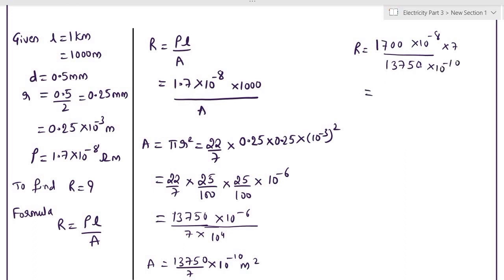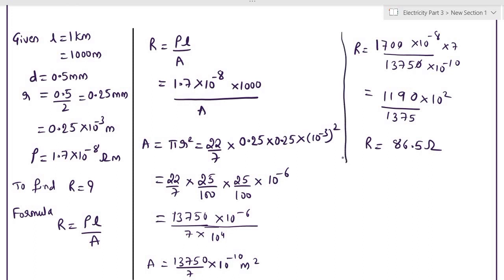See, the zeros get cancelled. 7 into 17 is 119, divided by 13750, and 10 to the power minus 8 divided by 10 to the power minus 10 becomes 10 to the power 2. When we simplify this, we get 86.5 ohm as the answer. This is the answer for the given question.